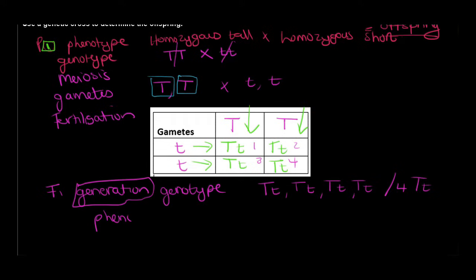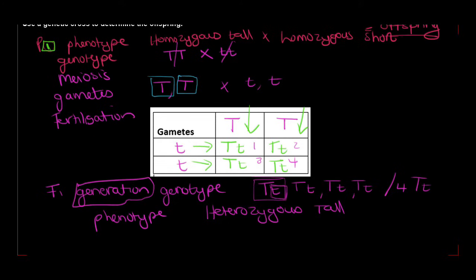Then phenotype. So the F1 phenotype, what is that? It is the features. What do these represent? So capital letter T, lowercase t, that would be heterozygous tall. Okay, heterozygous because they are different alleles. The dominant gene is carrying around this little recessive gene over there.